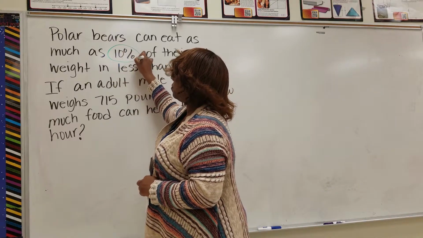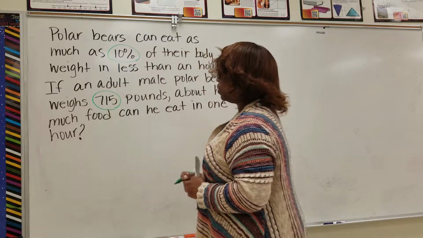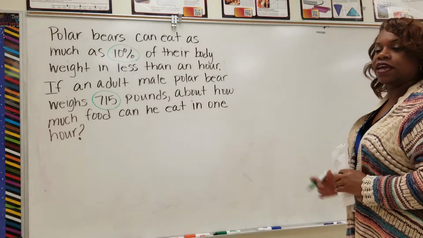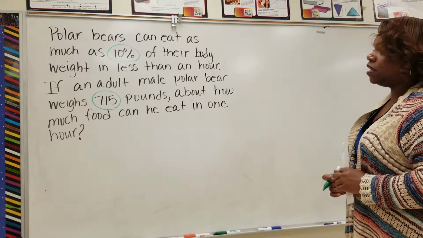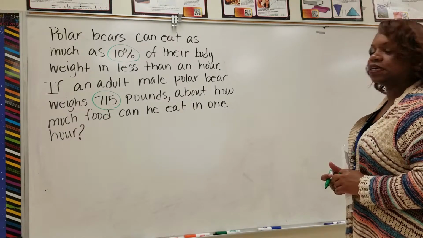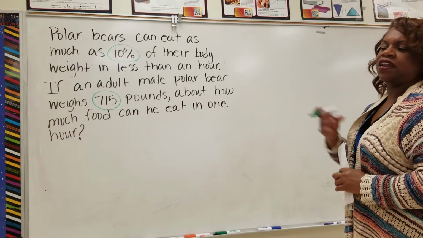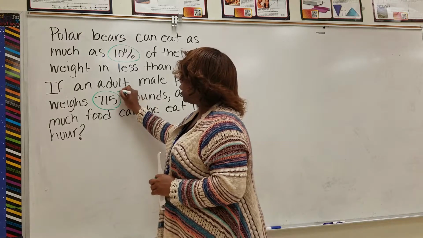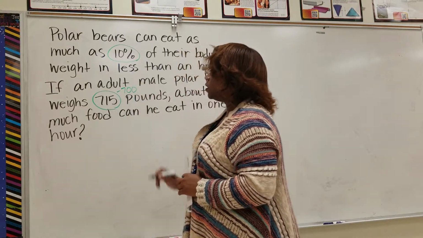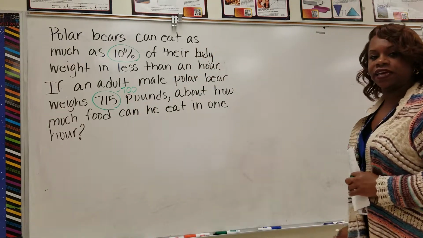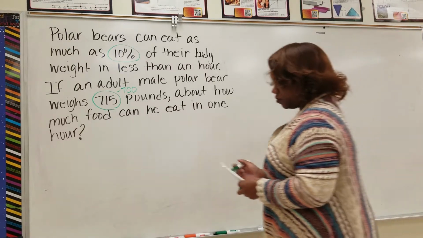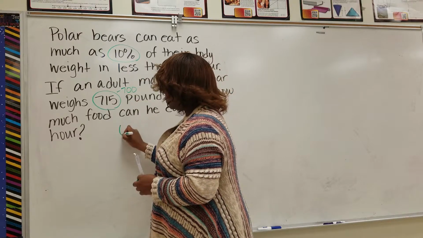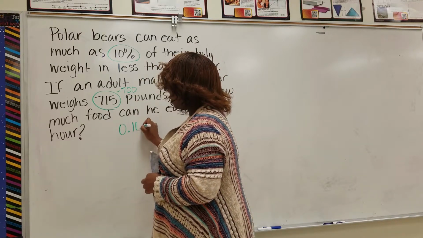So we have 10% and then 715. Now, 10%, that's easy to look at, so we can keep our 10%. But the 715, that's not easy to just add up in our minds very quickly. So we can go ahead and change that to 700. That's more like it. So now we just plug it in. We changed the 10% to a decimal, 0.10.